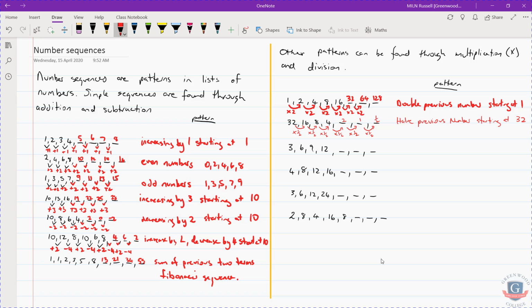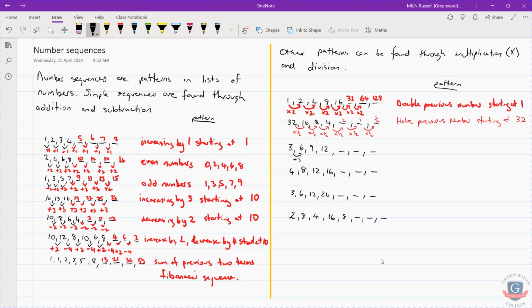Okay, what's going on here? 3, 6, 9, 12. Well, that sounds like the multiples of 3. So what's happening here with that? That's times by 2. Oh, I know, this is an addition sum.